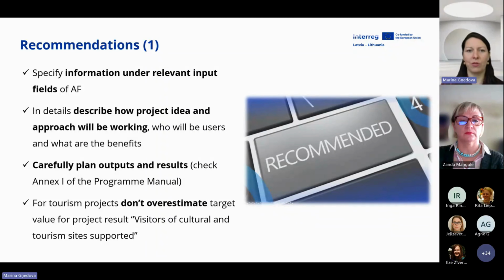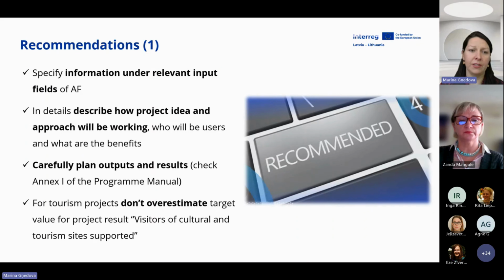So it's not our task to find and to investigate in which input field the information is hidden. Please be precise, answer the questions, and provide relevant information. And if information is not found or specified in the exact input field, scoring will be lowered for an incorrect work plan, for incorrect provision of information.